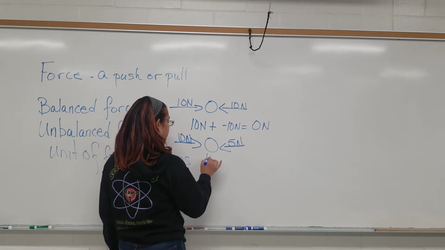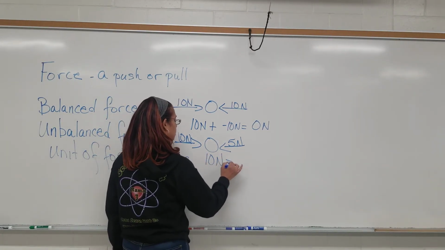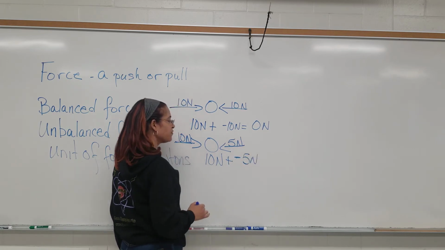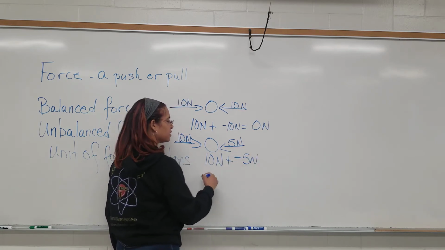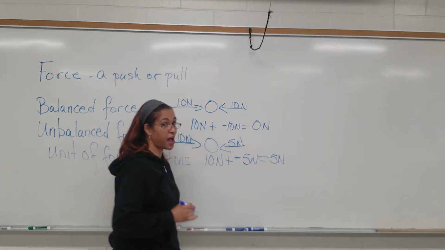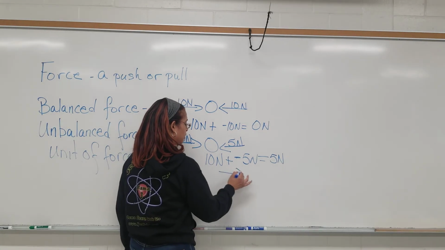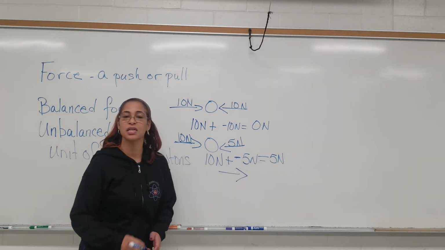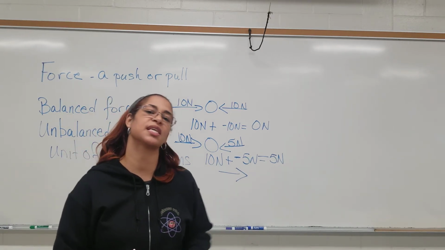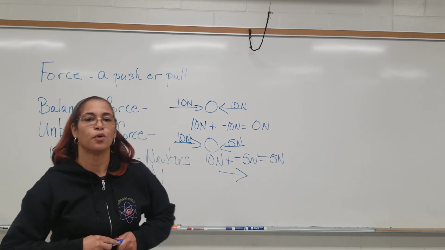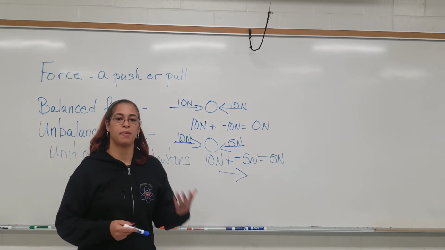Well, 10 newtons plus negative 5 newtons, because it is the sum of all of the forces, but this is going in the negative direction, means we are moving 5 newtons in this direction. Okay, so the force is unbalanced. It's going to result in movement. Okay, so that's the difference between a balanced and an unbalanced force.